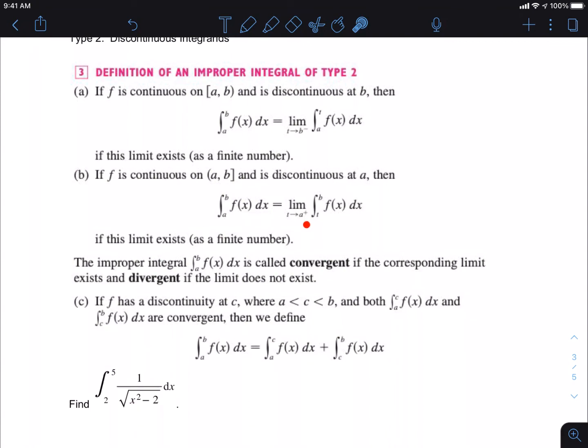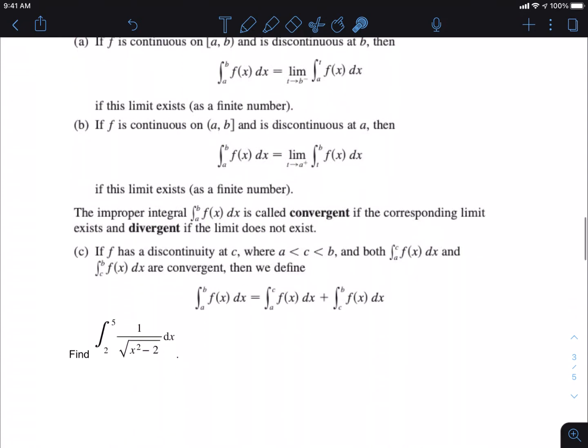Does that make sense? Remember that from limits, if we had a right-handed continuous or left-handed continuous, you had to approach from the opposite side to be able to find the limit, correct? So that's what's going to happen here. Let me show you an example of this, and then I think it will make these rules quite clear to you. So let's look at this example.